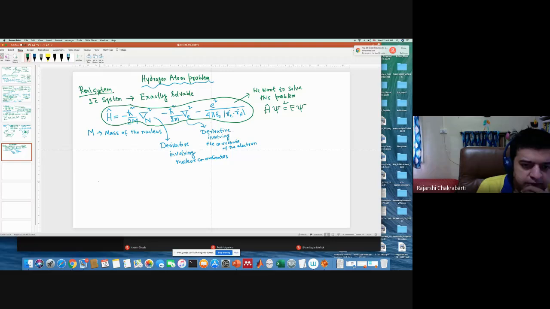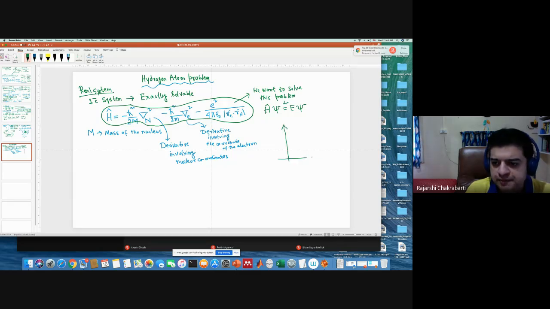So let me draw it here. If I choose a coordinate system like the one I have chosen here, and I put this guy here, this is my nucleus. If I join this nucleus to the origin of that coordinate system, this is given by a vector, and this will give me the position of the nucleus.